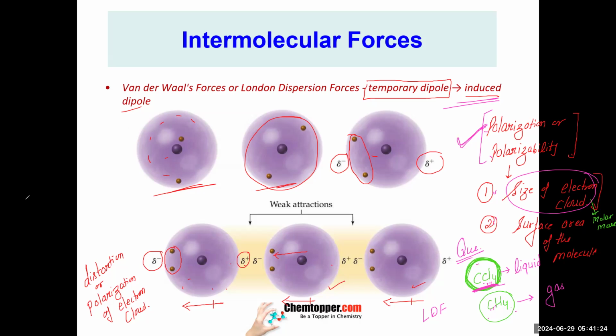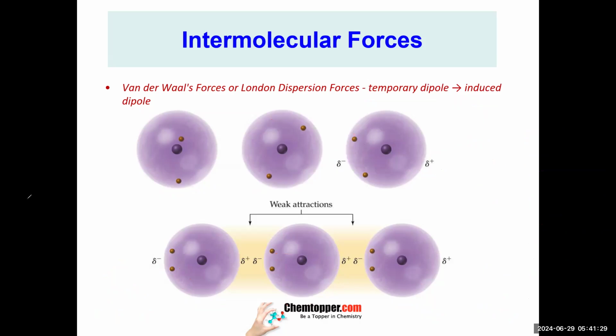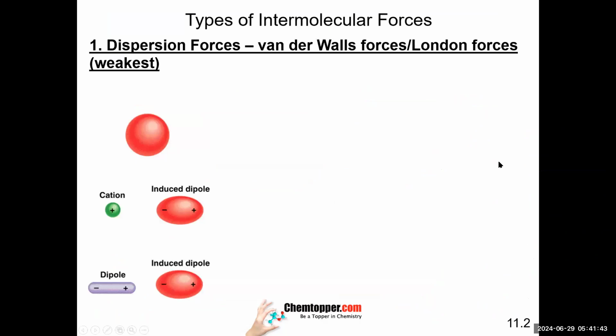Now this polarizability can be introduced when there is a non-polar molecule next to a non-polar molecule. Like these two are non-polar, and that dipole is induced. But the same polarizability can be introduced with the help of ions. You take a cation and put a non-polar molecule next to this cation. So this will become distorted.